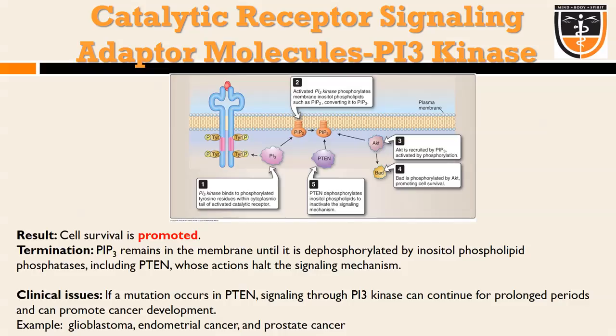PIP3 will be broken down by the enzyme known as PTEN. So PTEN will break down PIP3, and BAD will become activated, and the cell will kill itself. Okay? Makes sense? So PTEN is going to be breaking down and inhibiting the entire pathway.